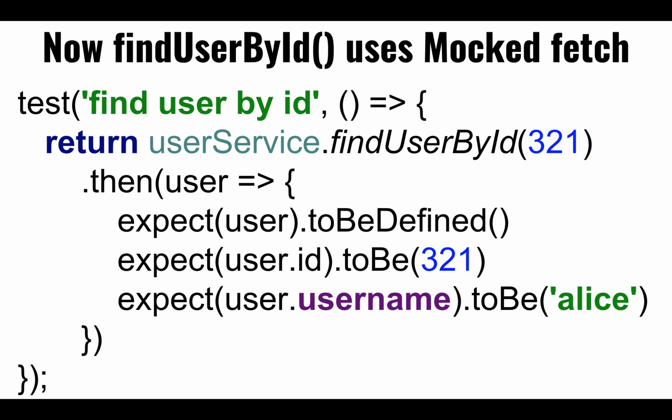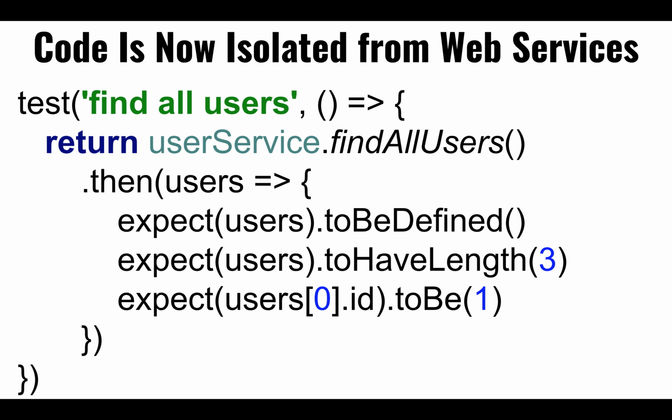It comes back with the data, and internally we can validate that the user is not undefined, that the user ID is 321, that's for Alice, and that the username is indeed Alice. So we can validate the service as well. For the find all, we can verify that the users array coming back is not null or undefined, that the array size is 3, and that the ID of the first user is 1.